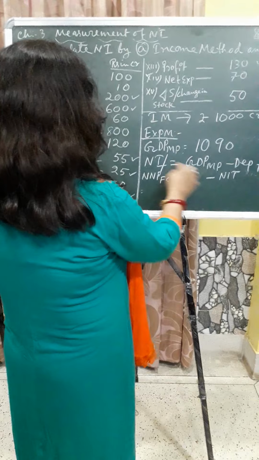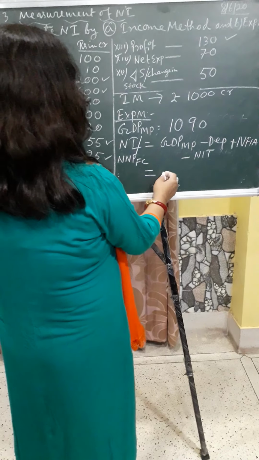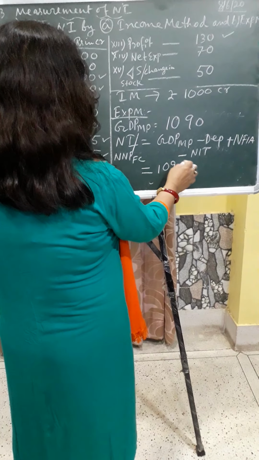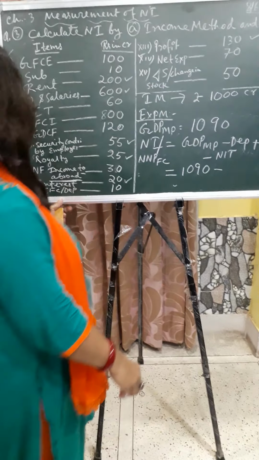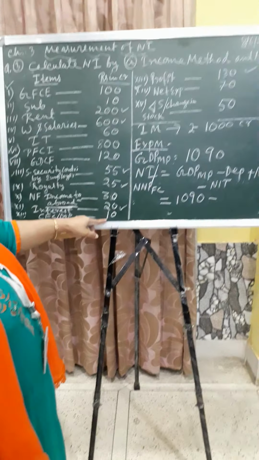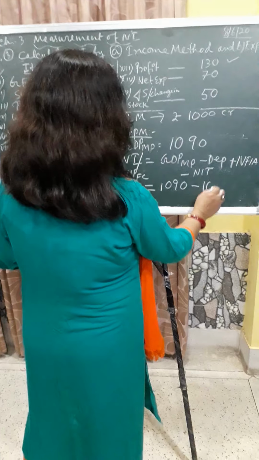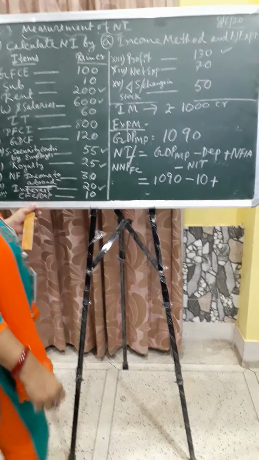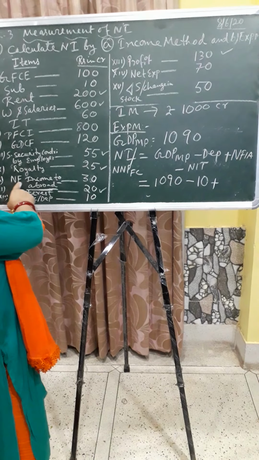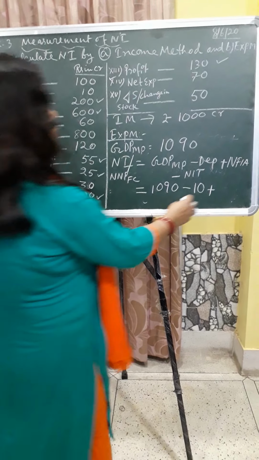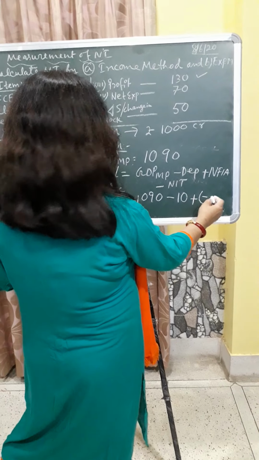So GDP-MP 1090, minus depreciation, value 10, plus net factor income from abroad. Here net factor income to abroad, so minus sign: write in brackets minus 30.